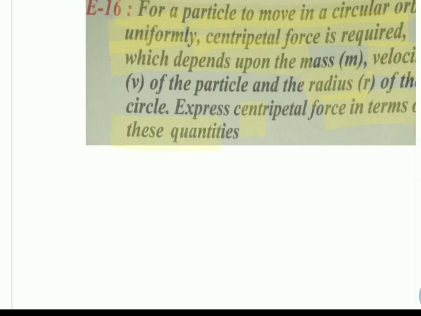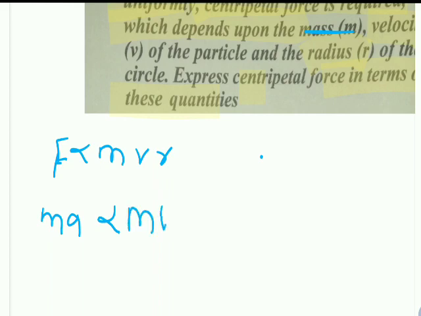He is asking centripetal force, so whatever may be force F proportional to given M, V, R. So F is equal M into A, proportional to M V R, then M L T inverse 2. So here the proportional constant is removed, again adding K constant.